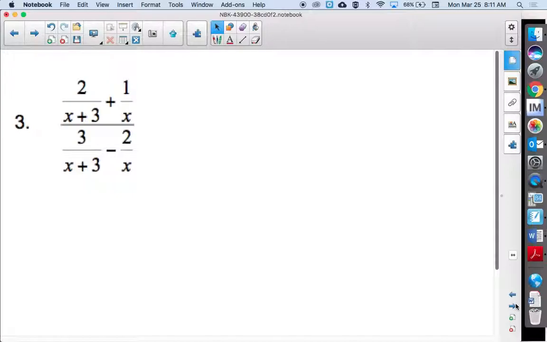So see if you can do that last problem. 2 over x plus 3 plus 1 over x, over 3 over x plus 3 minus 2 over x. So think about that least common denominator of all of the fractions. What's the least common denominator?